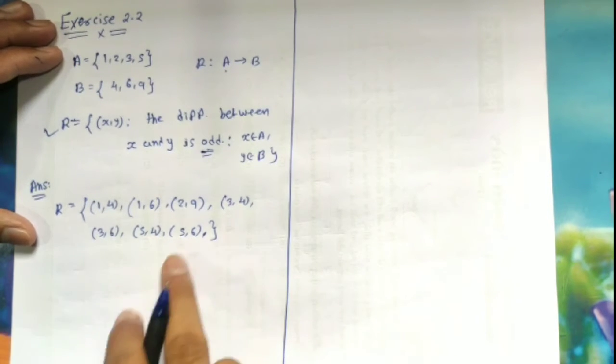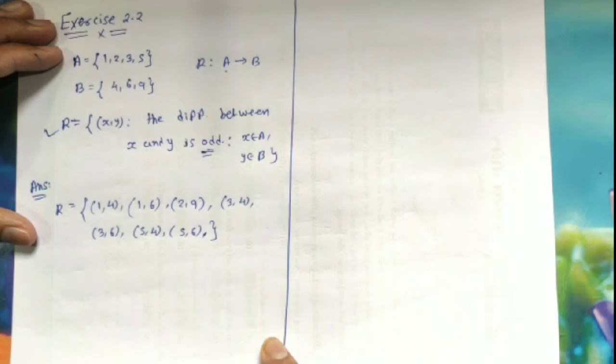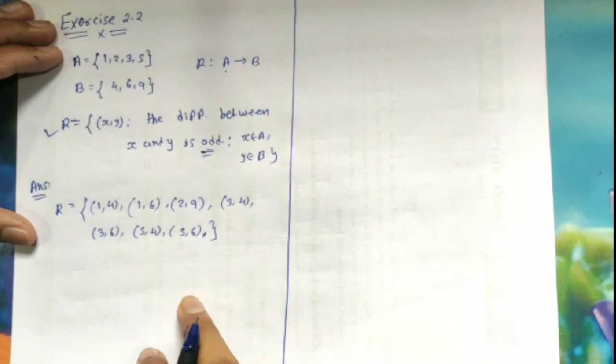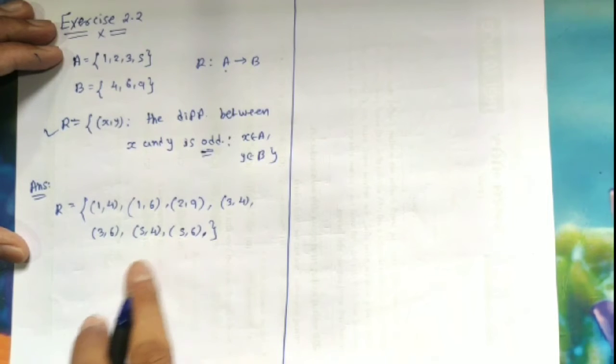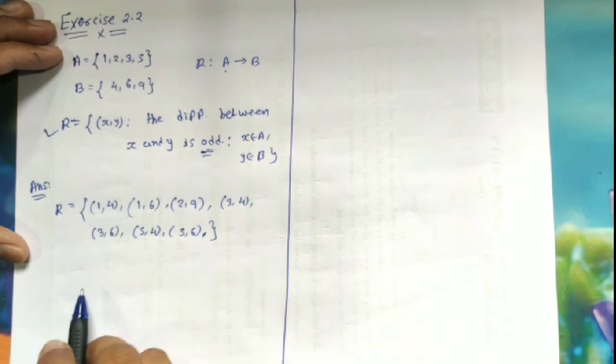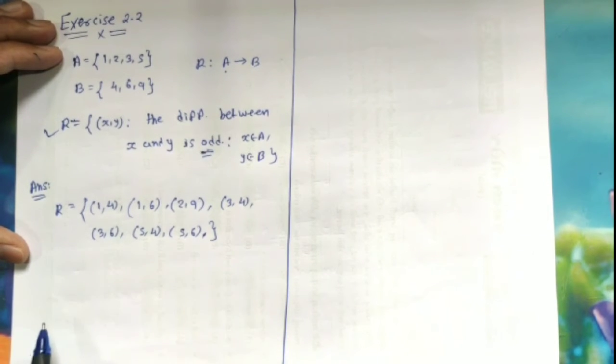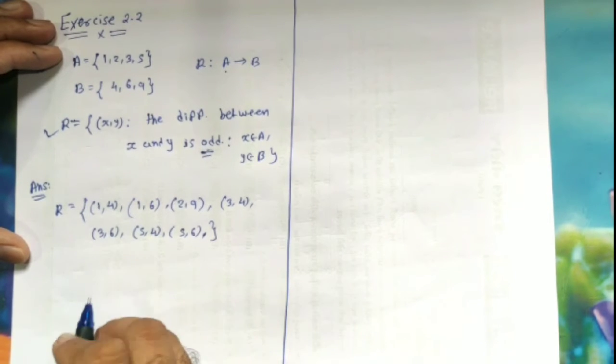So these are all the ordered pairs. Done. You have to write these ordered pairs in roster form only. You can also represent it by an arrow diagram, but that is not asked. We can also find the domain, range, and codomain of this relation, which is not asked in the question, but for our practice we are writing them.